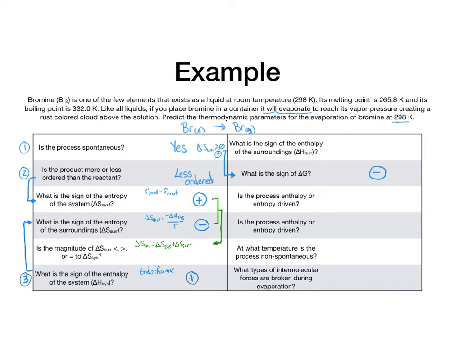The universe is positive, the system is positive, the surroundings is negative. This means that delta S of the system has to be greater than the magnitude of delta S of the surroundings, or the delta S of the universe will not be positive. So our answer here is greater than.